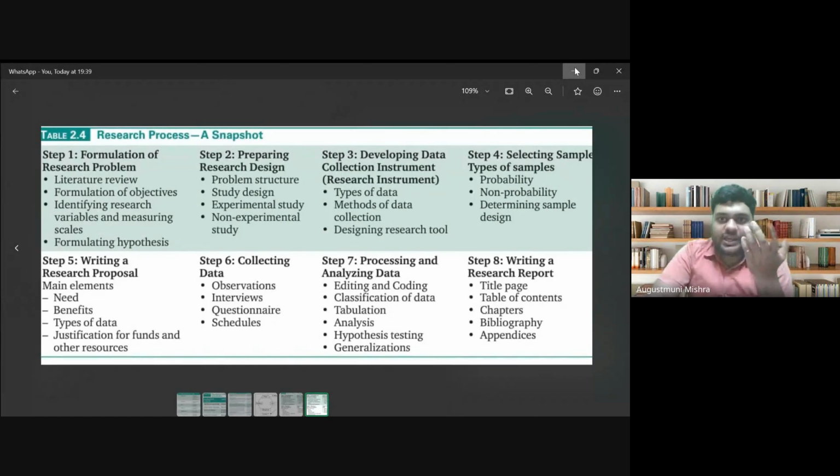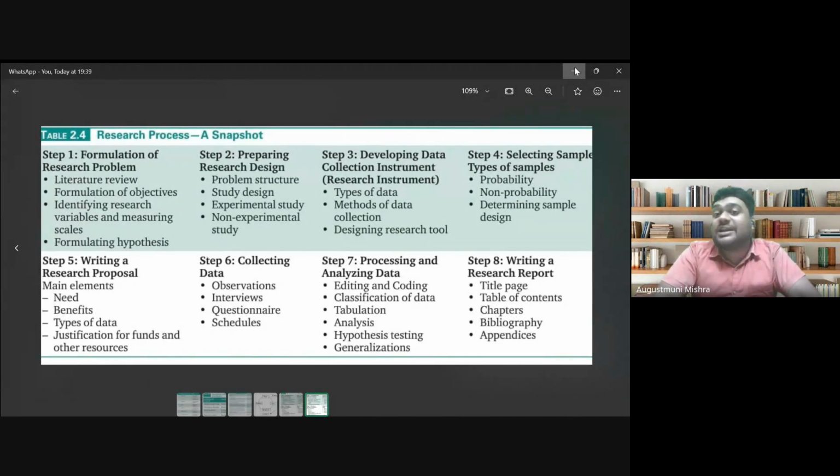For example, if you have a blueprint of a building you are making, as a civil engineer, then definitely you can complete your work on time, using less money, more cost efficiently. So with the help of research design, also known as the blueprint of the research, you can save time and money, and complete your research in a proper direction in a particular period of time. That's why research design is very important.